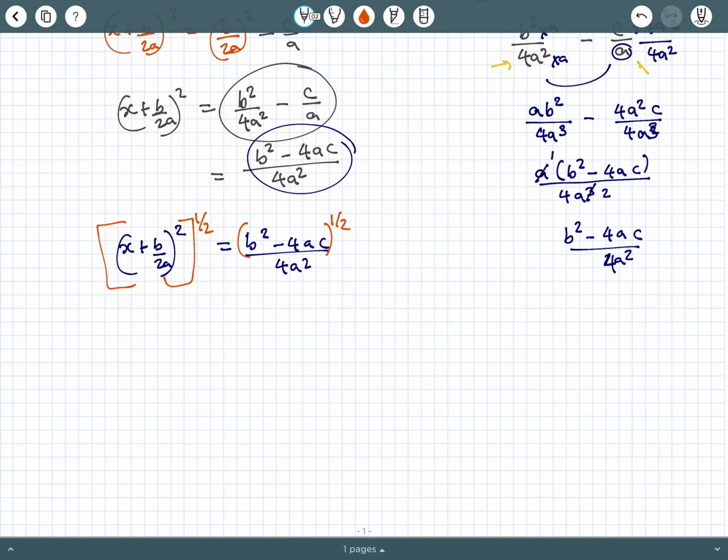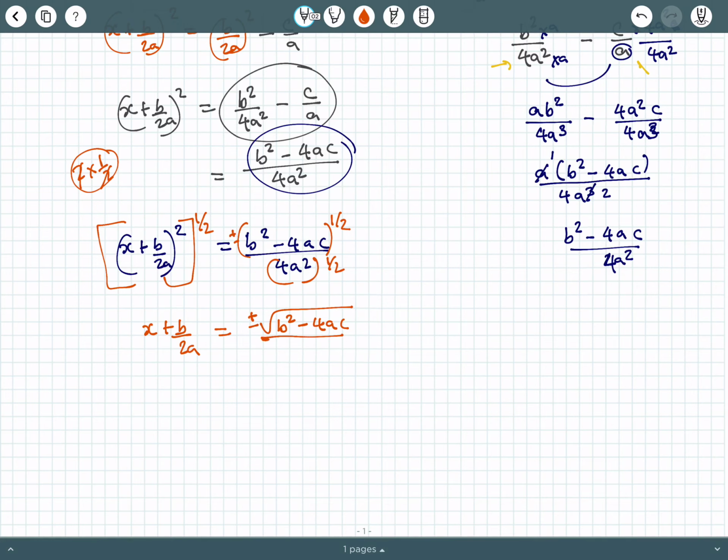Find the square root of this and find the square root of this. So 2 times half, that's going to simplify to a 1. So this just becomes x plus b over 2a, no longer squared, equals the square root of b squared minus 4ac. We can put a plus or minus once we found the square root.